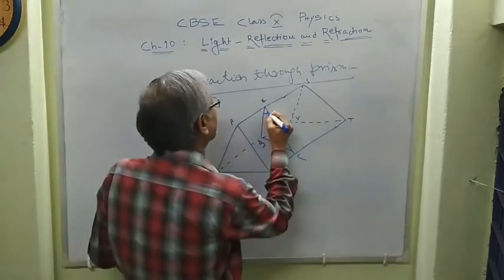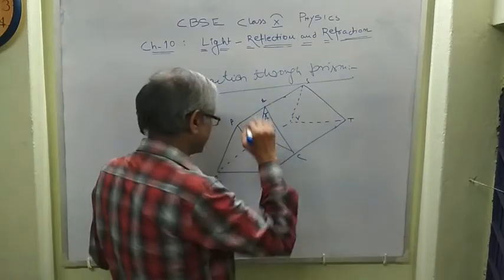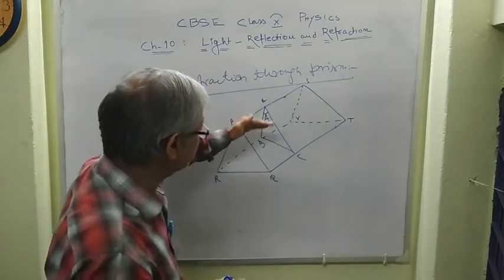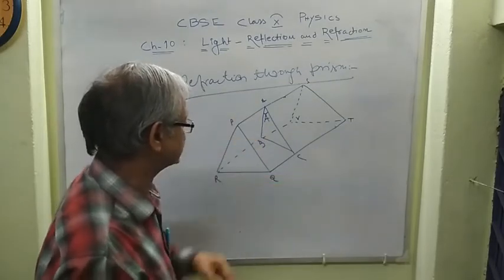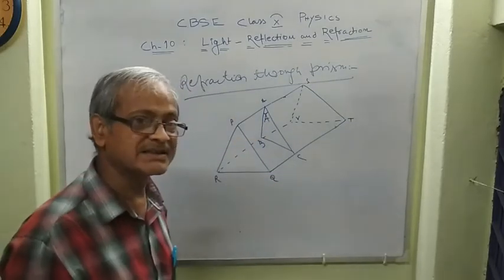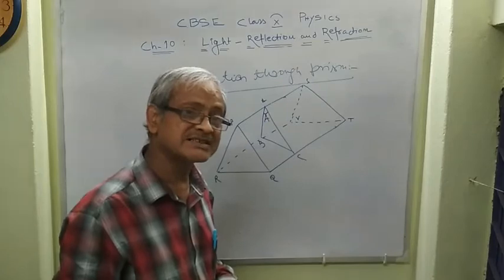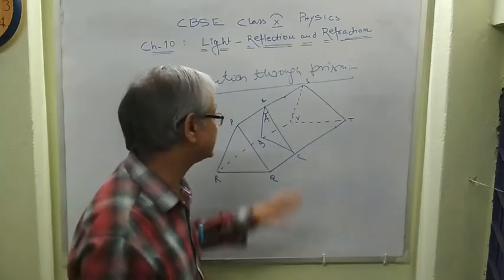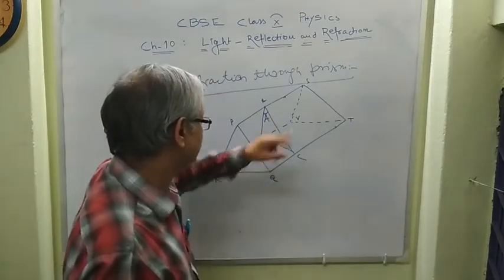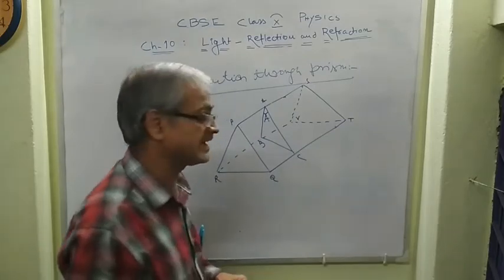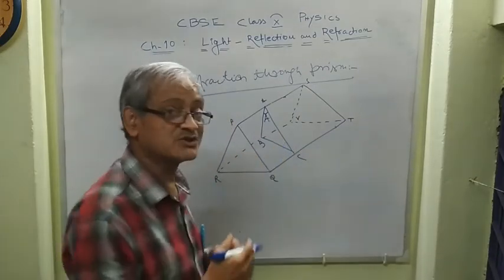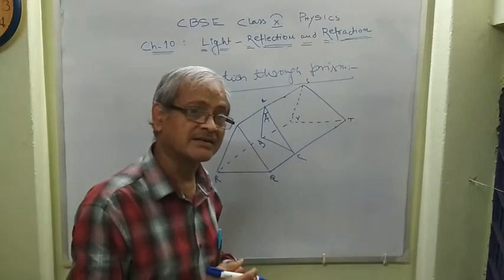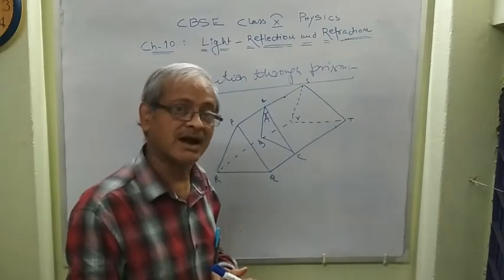This is called the angle of refraction, the refracting angle of the prism. Remember it. ABC is the principal section. In all refractions only the principal section is taken, not the whole prism, when ray diagrams are required.